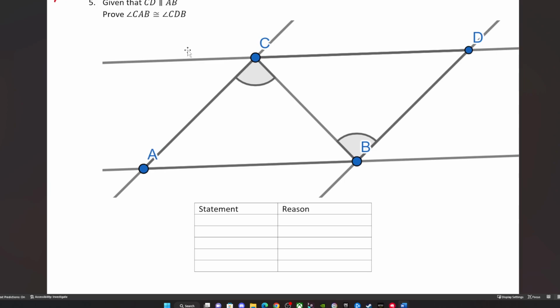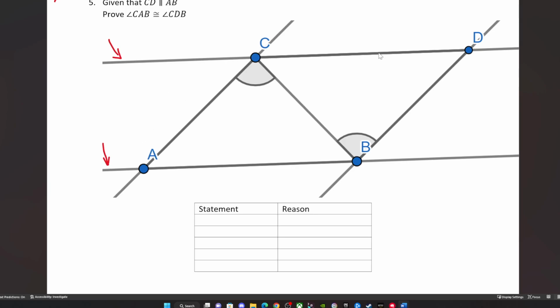And finally, number 5. Let's see, what is number 5? So given that CD and AB are parallel, CD, that would be this segment up here. So this segment and this segment are parallel. Nice, we know they are parallel.